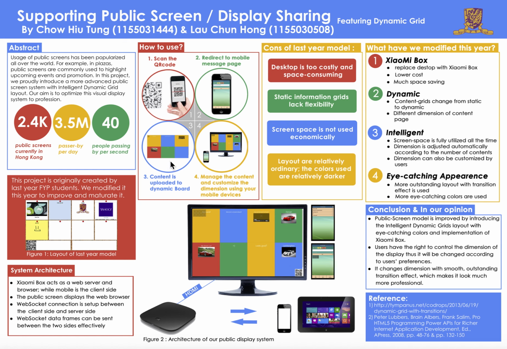So that's similar to this figure. That's a 2 times 3 dimension. So in other words, the dimension is adjusted automatically according to the number of contents, and the dimension can also be customized by the user. That means users can change the dimension according to their preference. So we think that the model is more intelligent compared with last year's model.